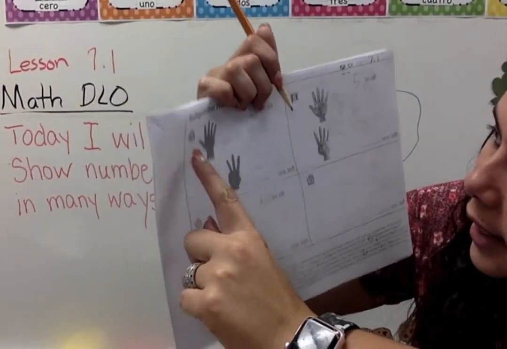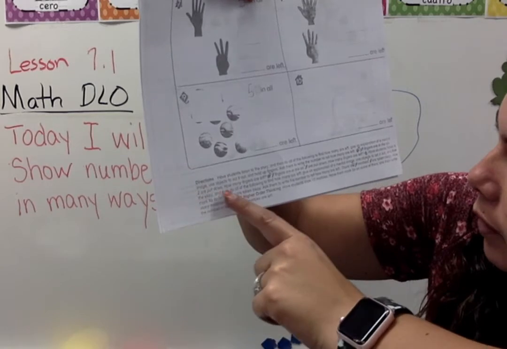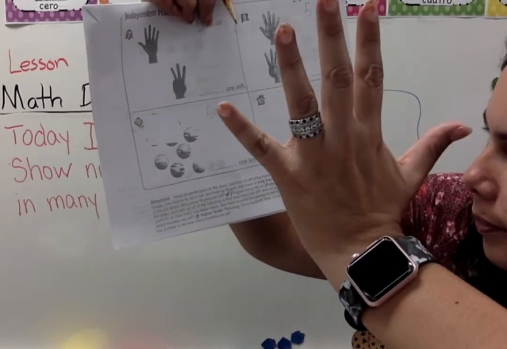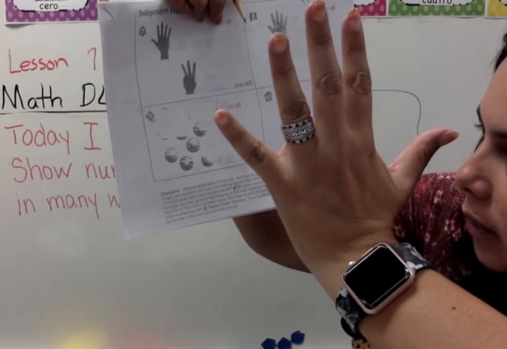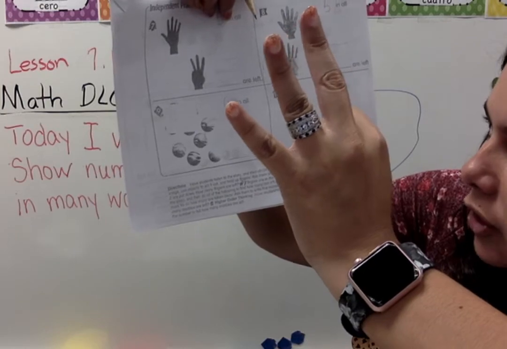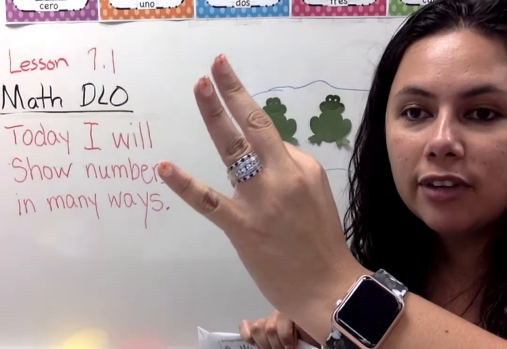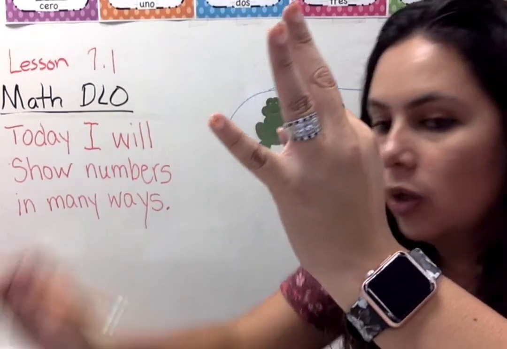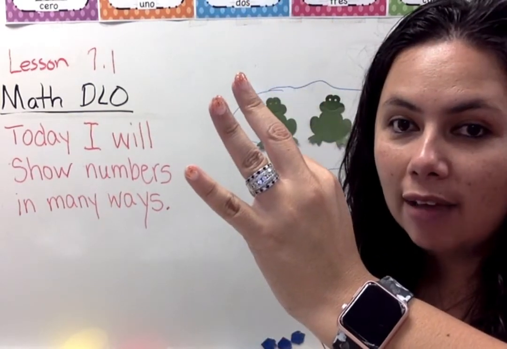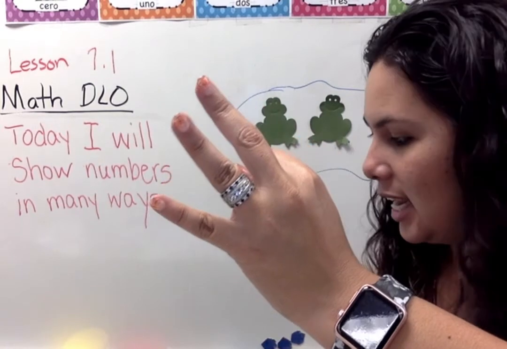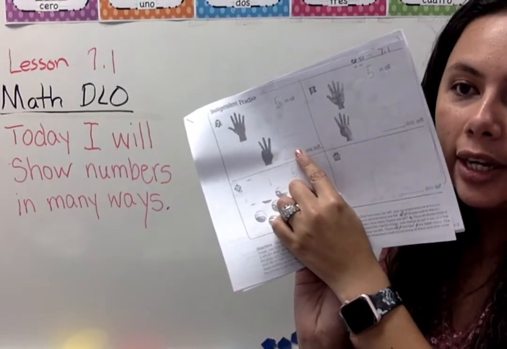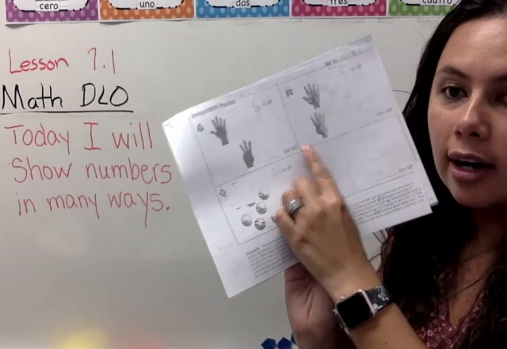So right here it says, let's go to number 7, which is right here. 5 fingers are in the air. 2 are put down. 1, 2. How many fingers are left? So how many fingers do I have left? Let's count them. 1, 2, 3. How many fingers are left? 3. So what you're going to do is you're going to put a number 3 here and say 3 are left.